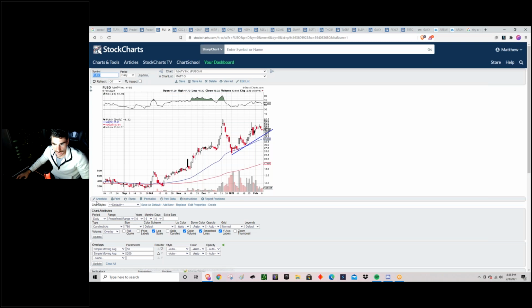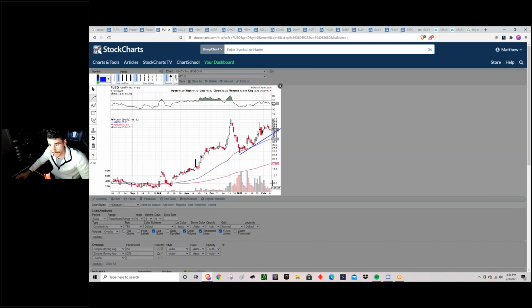Another thing that I like is that since we had that gnarly upper wick a couple weeks back, followed by that ugly candle, followed then by the couple days of construction trying to come back up toward that inflection, the volume's died down. So the volume's essentially gone down for about a week straight every single day.